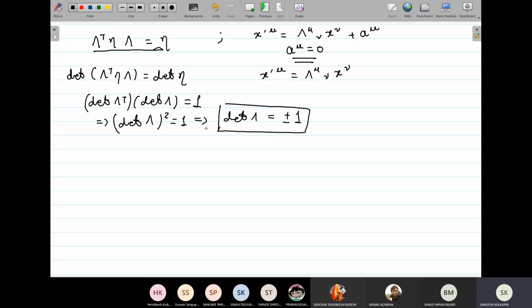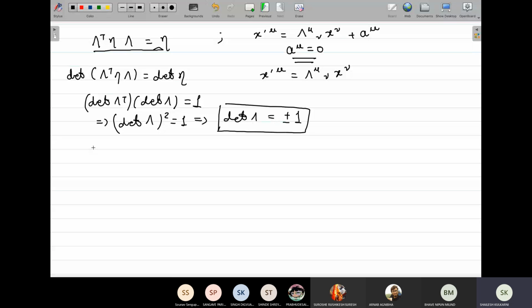So the Lorentz transformations fall into two categories. That is not the only categorization, but here we have just two categories: the Lorentz transformations whose determinant equals 1, and those whose determinant equals minus 1.